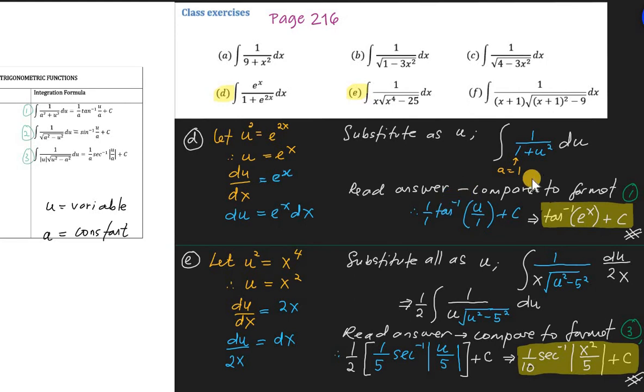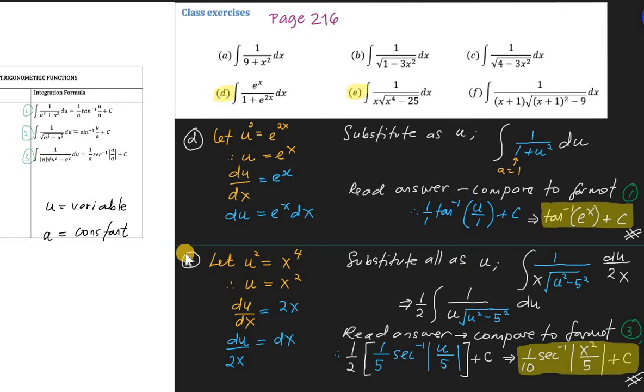So it is 1 over a, our a is 1, inverse tangent, u over a, again 1. Replace back your u. 1 over 1 is 1, so you don't need to write it down. So it is inverse tangent, u is e power x, plus C. Don't forget that. So that is the answer for question D.